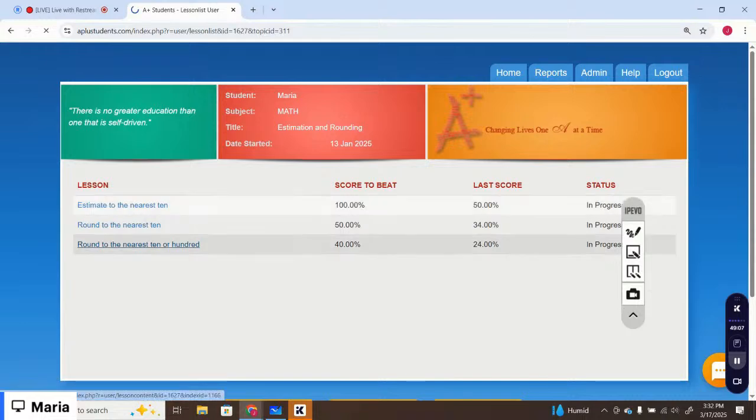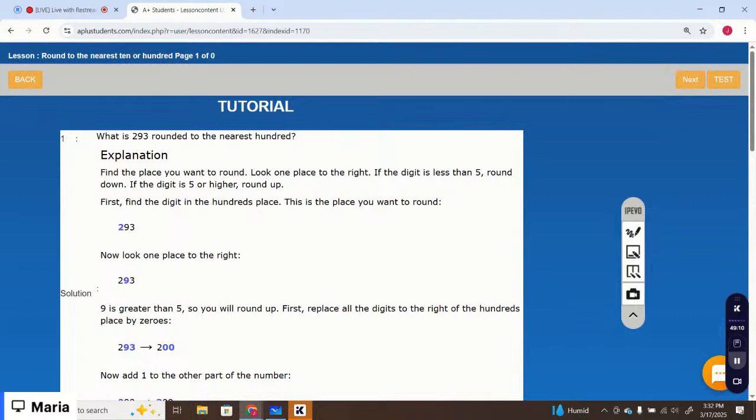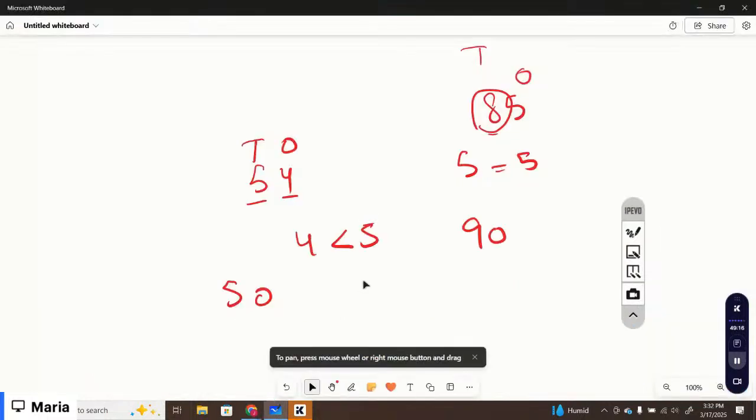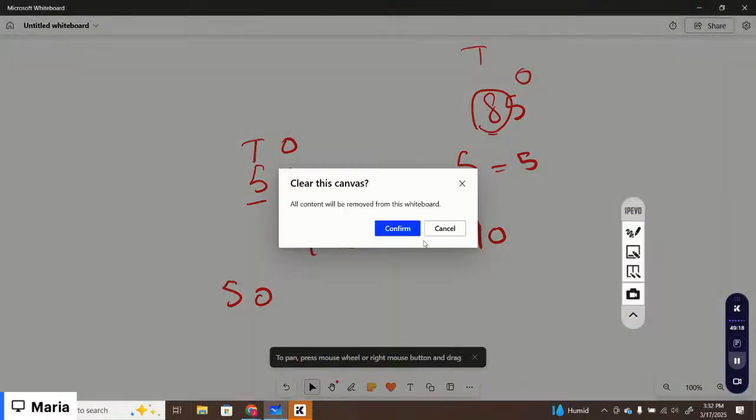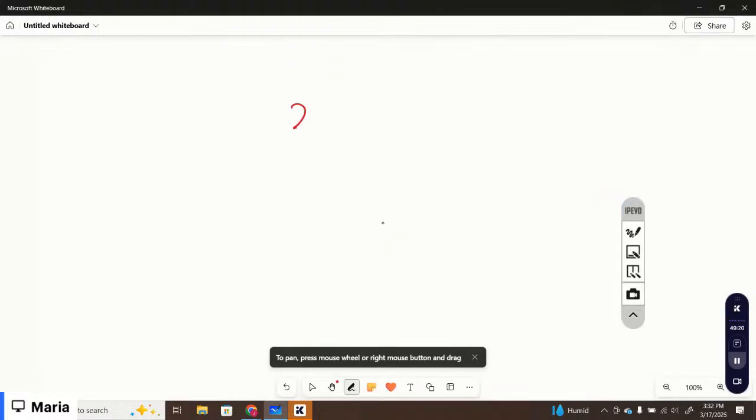Round to the nearest 10 or 100. Now you have to round to the nearest 100. Like here you have 293. So how do you round off 293? The concept is exactly the same. The hundreds digit is 2. Look at the right-hand side: 9. 9 is greater than 5, so you need to round up.